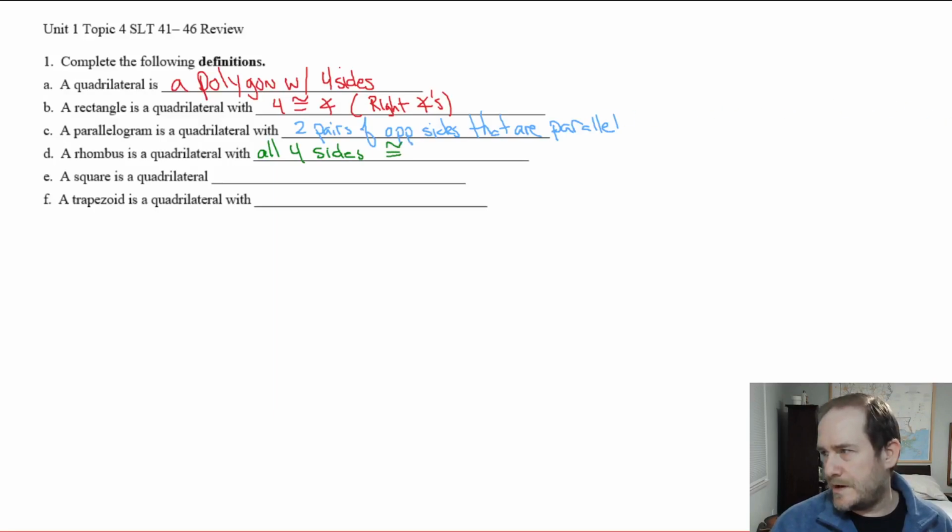So to be a square, that's kind of a mixture of a rhombus and a rectangle. You have to have all four sides congruent and all four angles congruent.